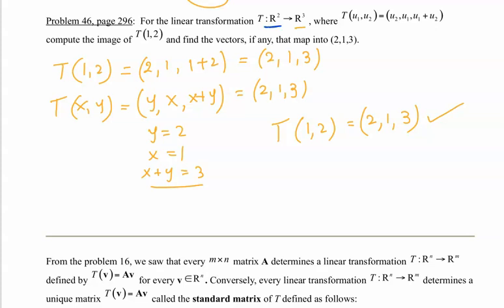Again, R2 to R3, so the input is 2-dimensional and the output is 3-dimensional. You can read carefully here, there's a 3 here. First, if I apply it to (1, 2), which is a vector, your output is going to be (2, 1, 1 plus 2) according to this definition, so that's (2, 1, 3).